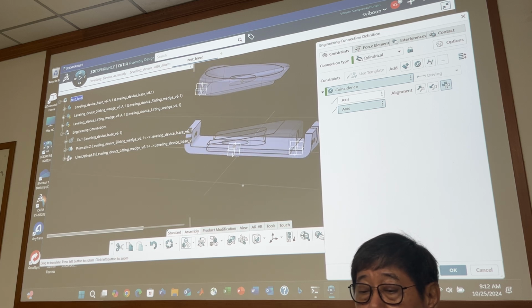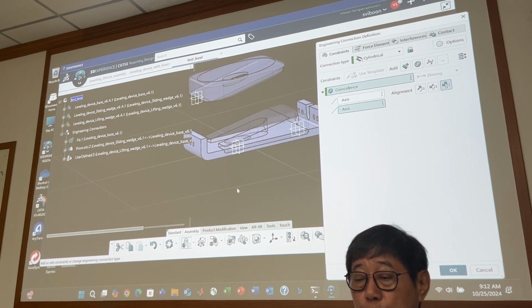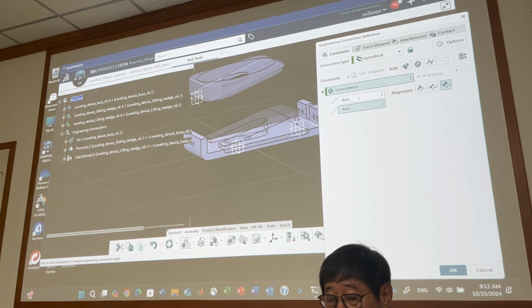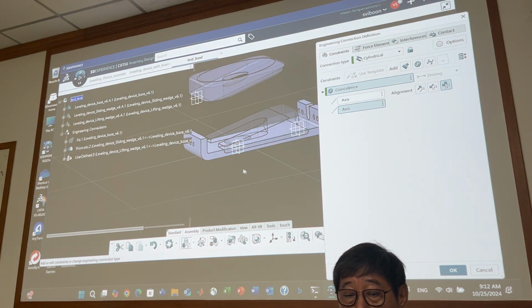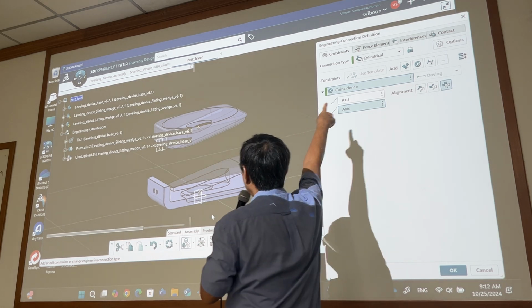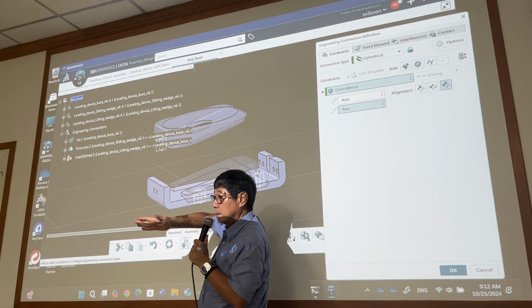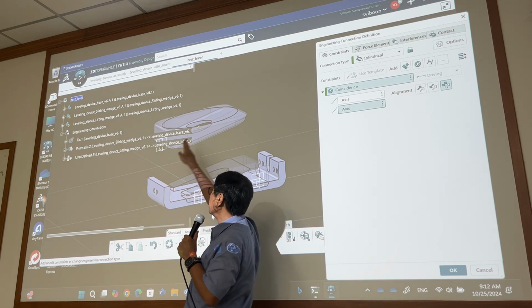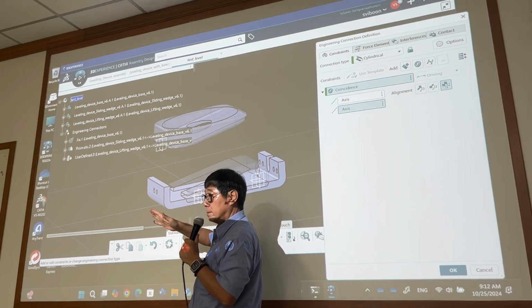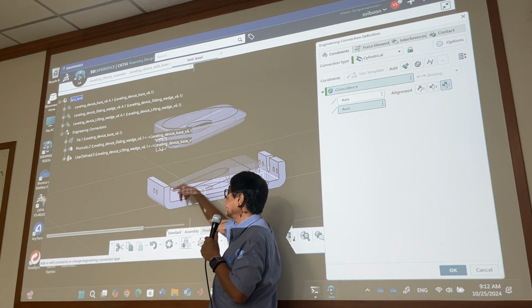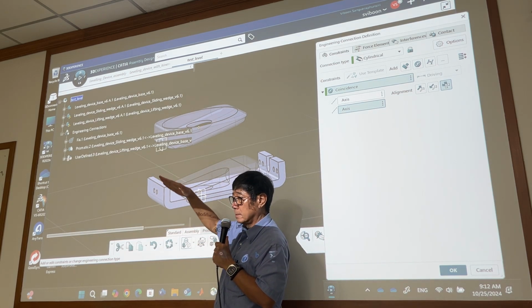Okay, next we do have another one as well, because this one is just cylindrical. If you add this one, it means that this one can be rotated, right? So for another one, you want this one and this one to be a prismatic joint.